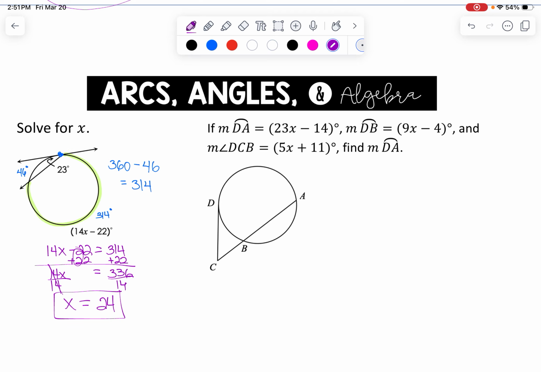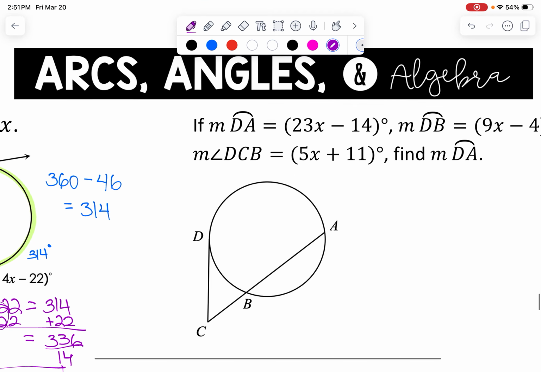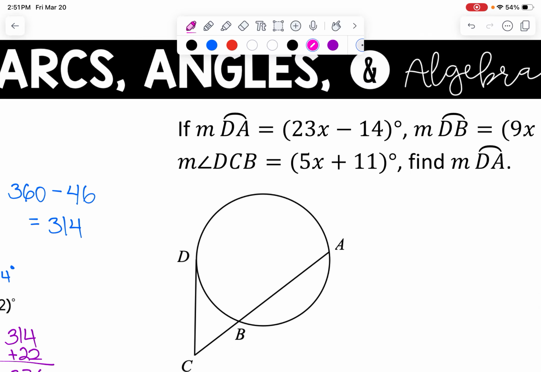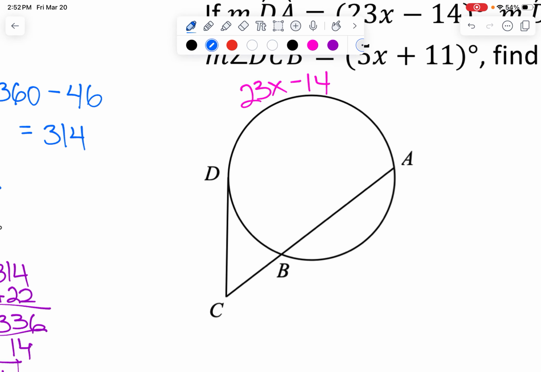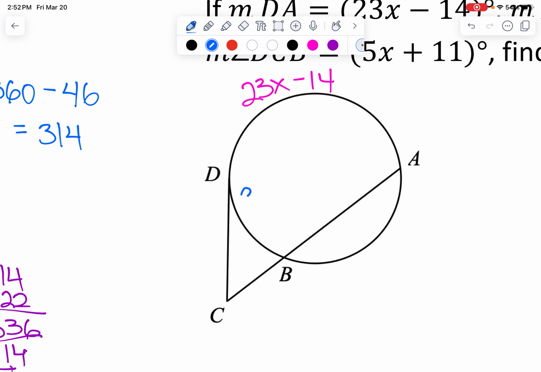This one says, if the measure of arc DA is 23x minus 14, all right, I'm going to write that. So this is 23x minus 14. The measure of arc DB is 9x minus 4.